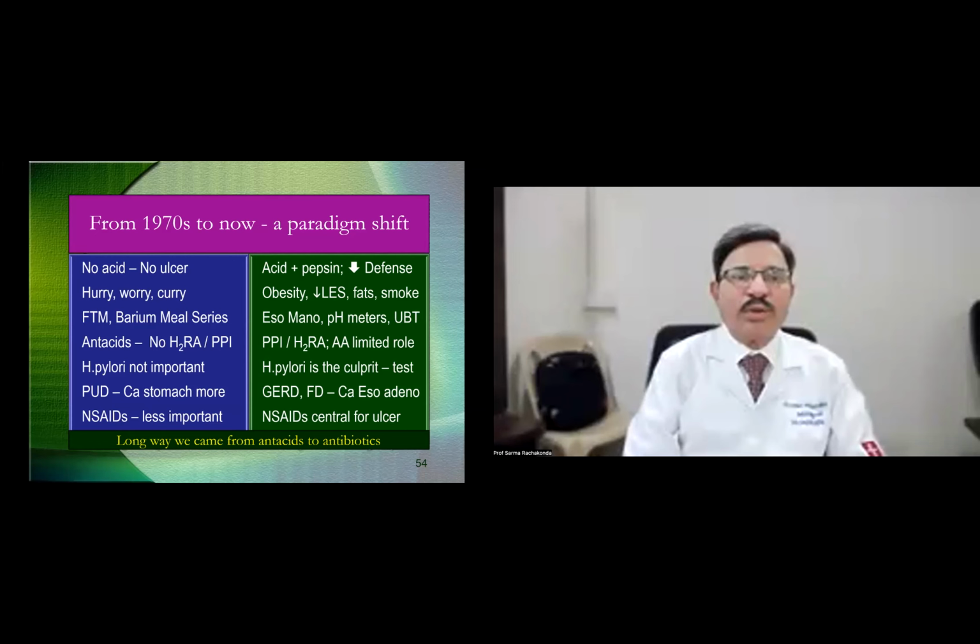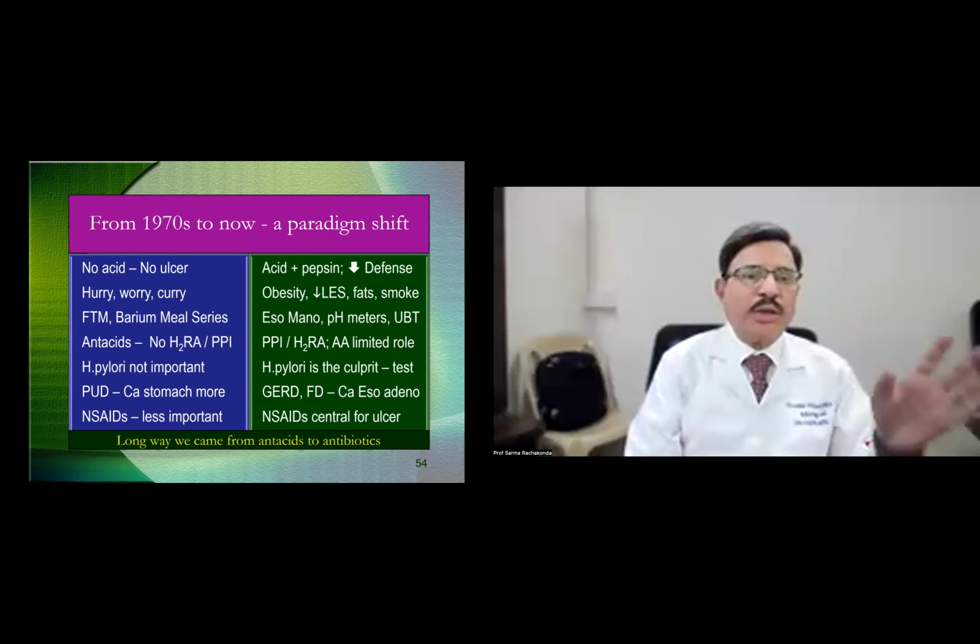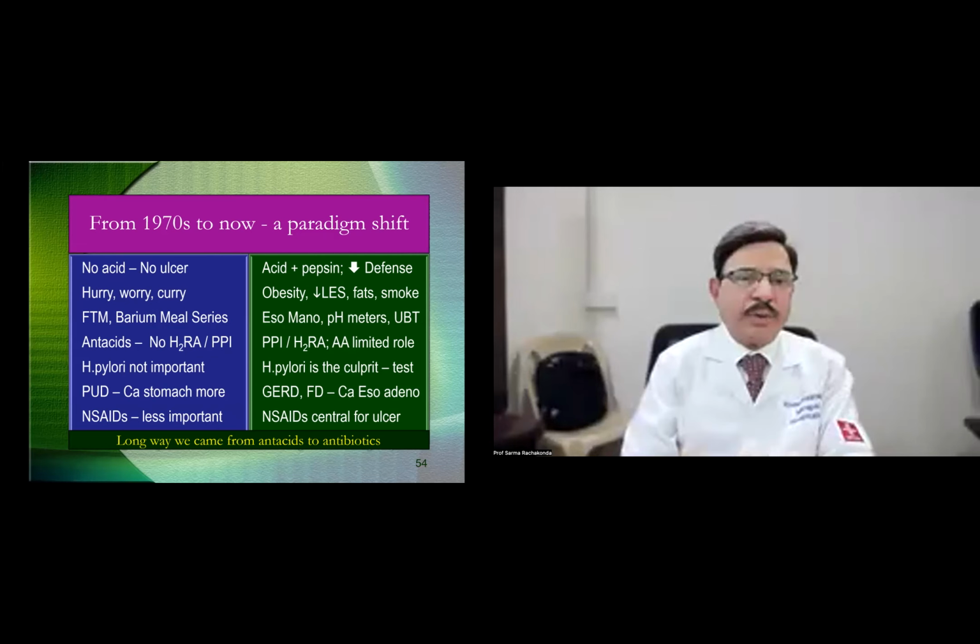Earlier we used to give no H2RAs, no PPIs, only antacids, and if not responding, surgical: gastrojejunostomy, vagotomy. Now PPIs, H2RAs, antacids have a limited role. H. pylori was not considered at all in those days. H. pylori is the culprit today and we have to test and treat. Peptic ulcer disease and carcinoma of the stomach were very common earlier.